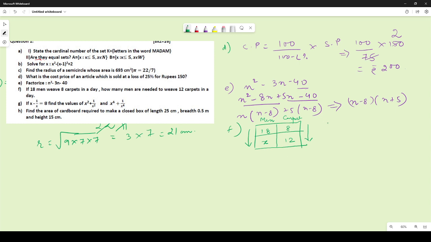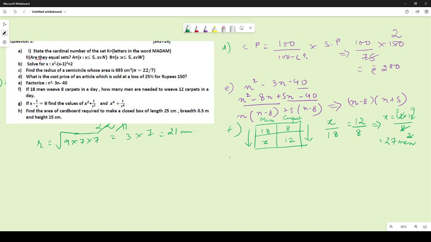So what you do over here is the equation will be x by 18 is equal to 12 by 8. Which implies x is equal to 12 into 18 by 8. So you have 4 2 za 8, 4 3 9, and it will be 27 men.